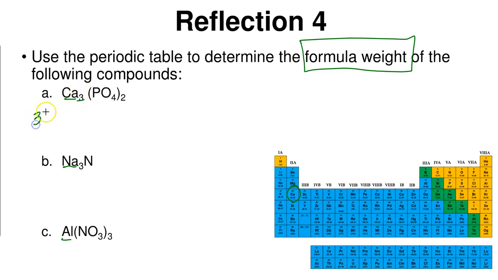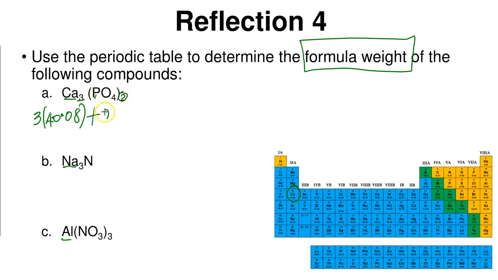I'm going to say 3 times 40.08 plus, these two affect everything in the bracket. So initially there's 1 phosphorus here, so you multiply 2 times 1, which gives you 2.